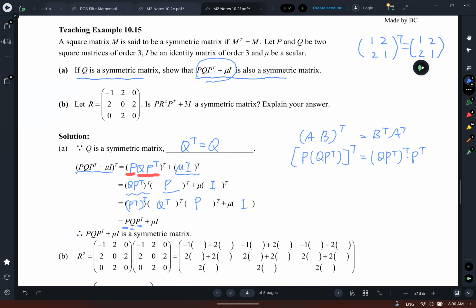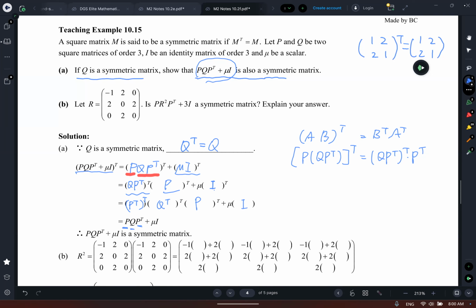And then plus mu I. After 3 or 4 steps, it's either 3 or 4, up to you, you will find out that this very complicated matrix is indeed a symmetric matrix.